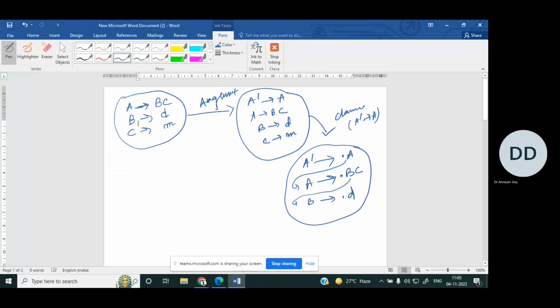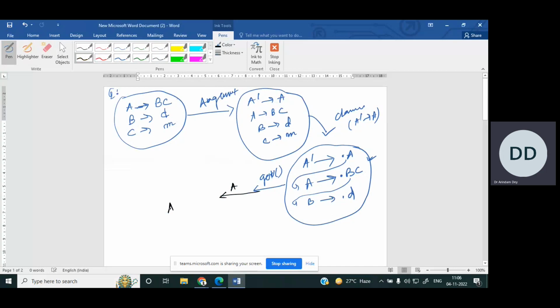Though the main grammar G was having three productions, after augmentation four productions, but after finding the closure we have found three productions. But now when we perform the goto function, definitely we need to perform it over this set, not over the other set.